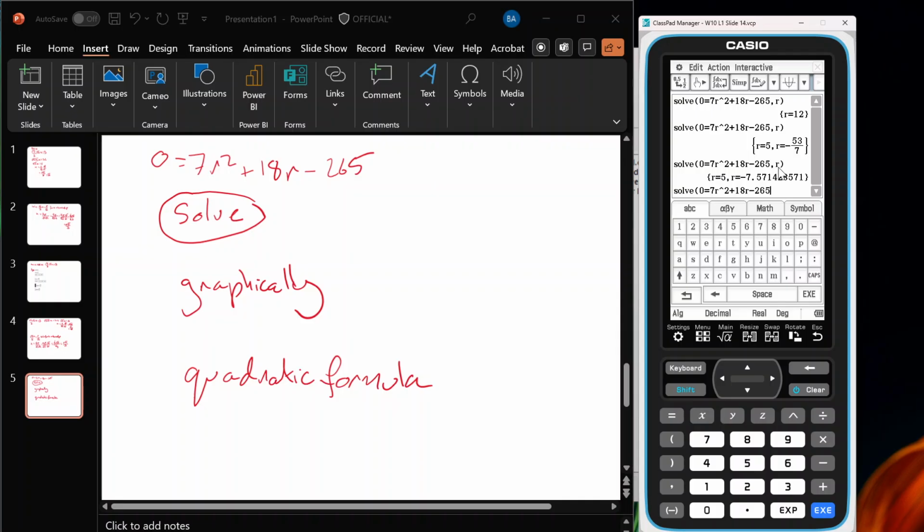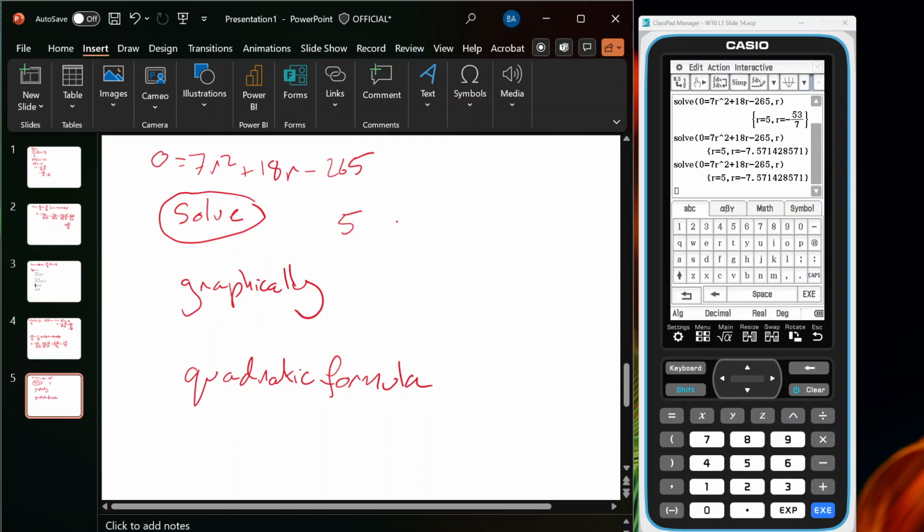The ClassPad will always solve for x, so if you've got it in r, then you need to put a comma r afterwards, so it will solve for r. So I'll put comma r, and then I close the brackets, and I press execute, and we get 5 is one solution, and minus 7.57 is another solution.